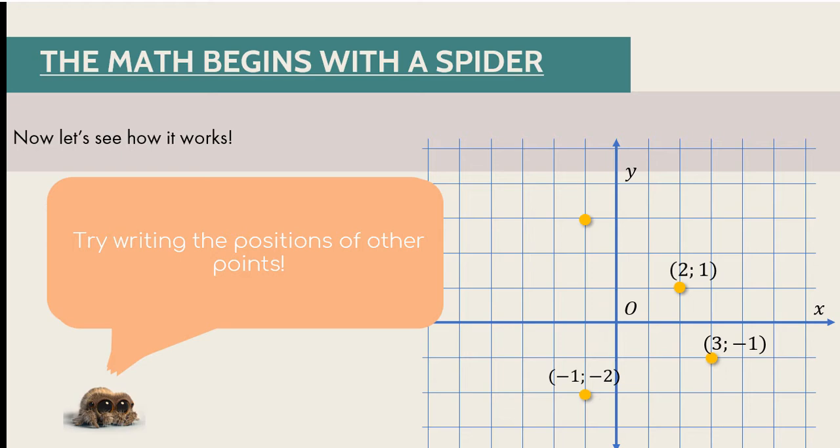The coordinate for the second point is (-1, -2) because it moves 1 unit to the negative side and it moves 2 units downwards. Remember that always the x coordinate first and the y coordinate second. Finally, we have this point (-1, 3). Okay, have you all got the correct answers? I hope so.